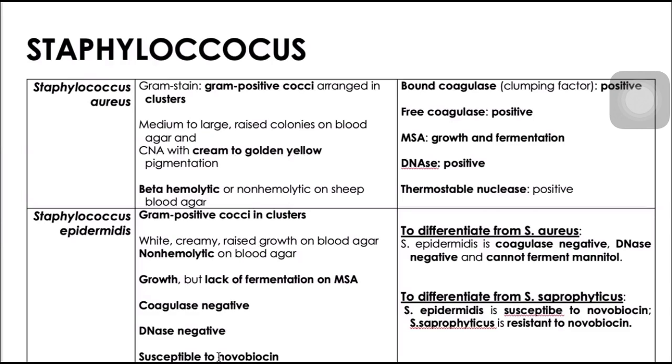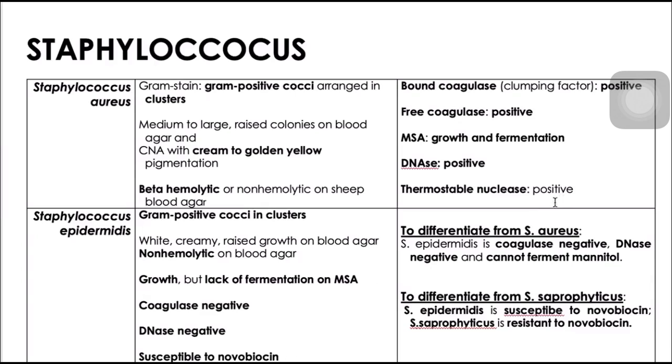Okay, for easier memorization, or para di po tayo confused, we have Senior N, SRN: Staphylococcus saprophyticus, S, R, resistant to N, novobiocin. SRN, Staphylococcus saprophyticus, resistant to novobiocin, while epidermidis is susceptible to novobiocin. Okay? Having more than or equal to 16 millimeter zone of inhibition.